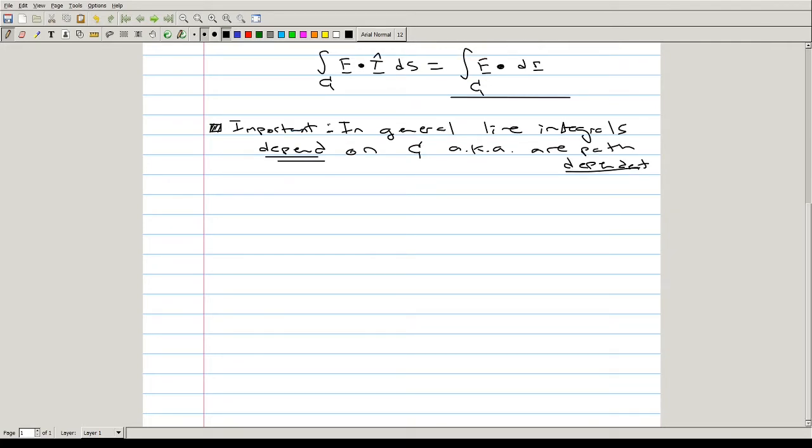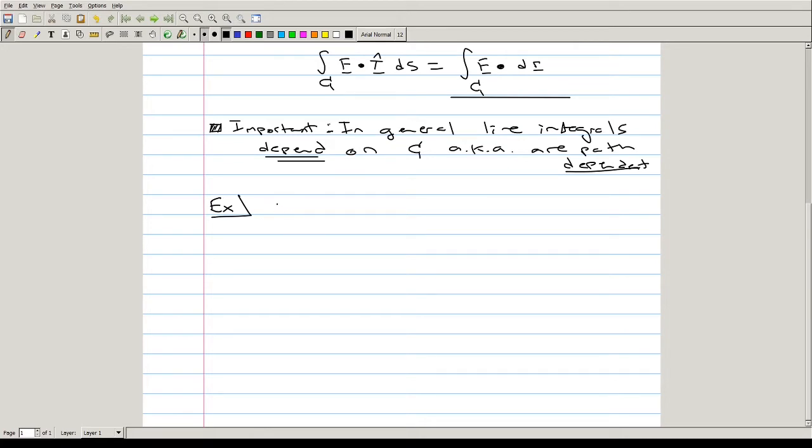But the following example is very important because it's going to show that this idea has very important exceptions. Sometimes, for certain types of vector fields, this tangent line integral is not going to be path dependent. It'll be what's called independent of path.